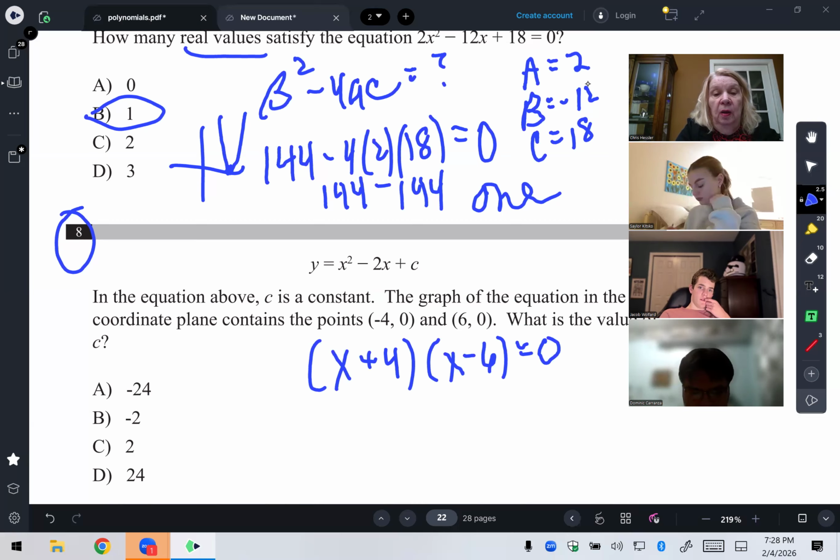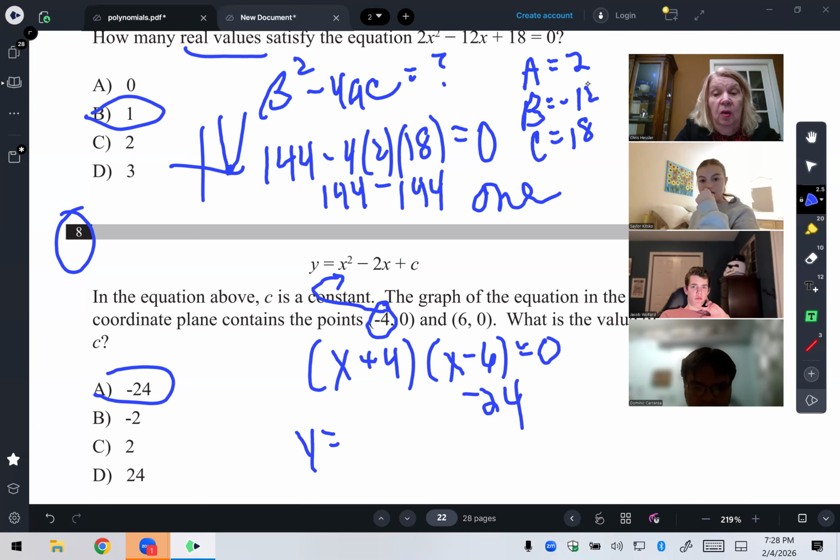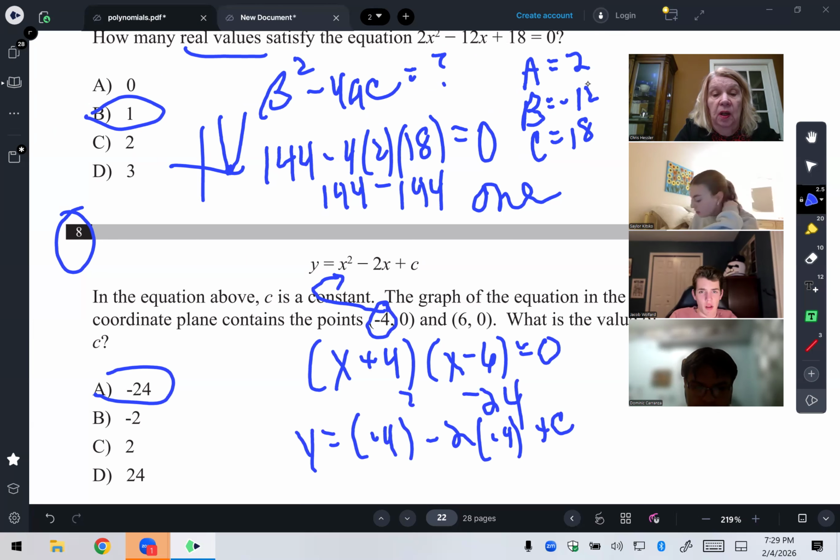And so that would give us, we're trying to get the c, which would be a negative 24. I could also just put in the negative 4 for x. And I have y equals minus 4 squared minus 2 times a minus 4 plus c.